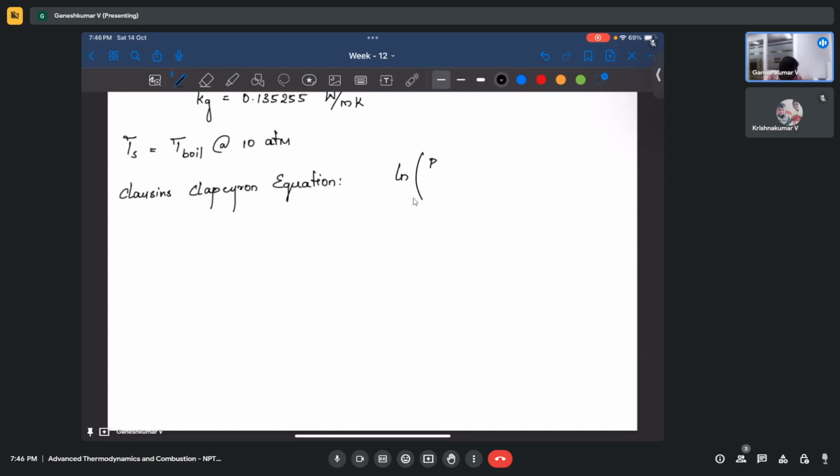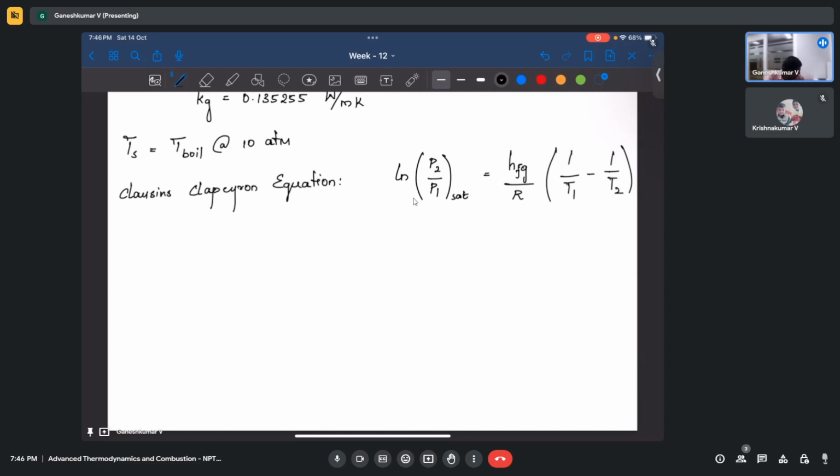It's going to be ln of P2 by P1, these are all saturation properties, equal to hfg by R times 1 divided by T1 minus 1 divided by T2. Did I write it correctly?